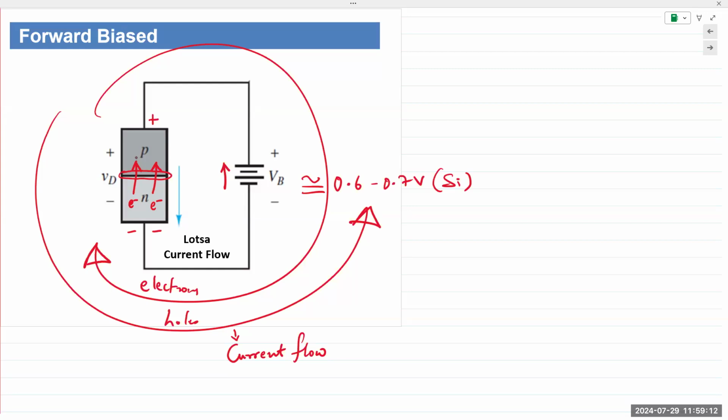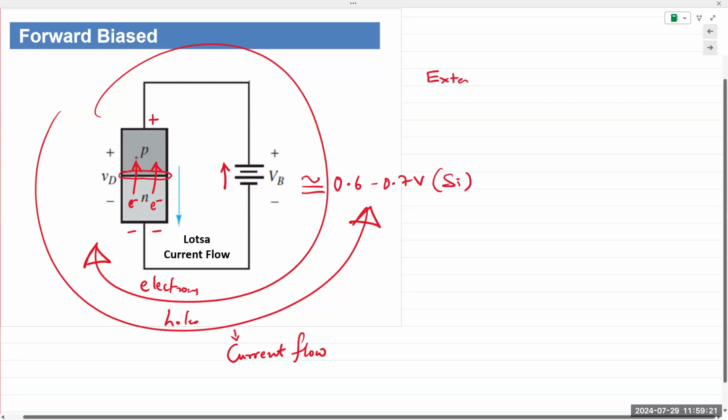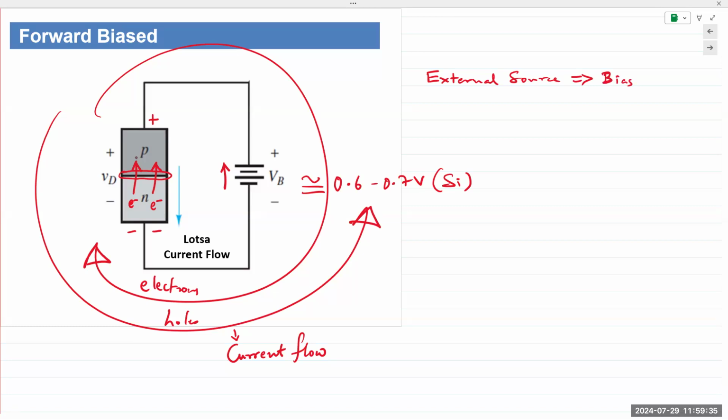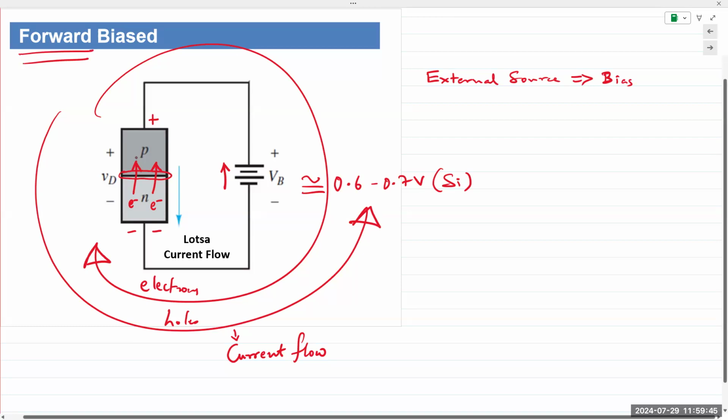Okay. The process of applying an external voltage to this junction diode is known as biasing. So connecting an external source is also known as applying an external bias, right? And because we are applying positive to the p-type material, which allows current to flow in that one direction, it is known as forward bias.